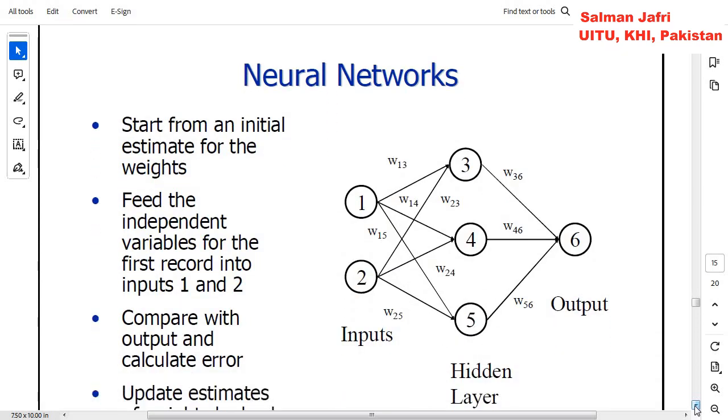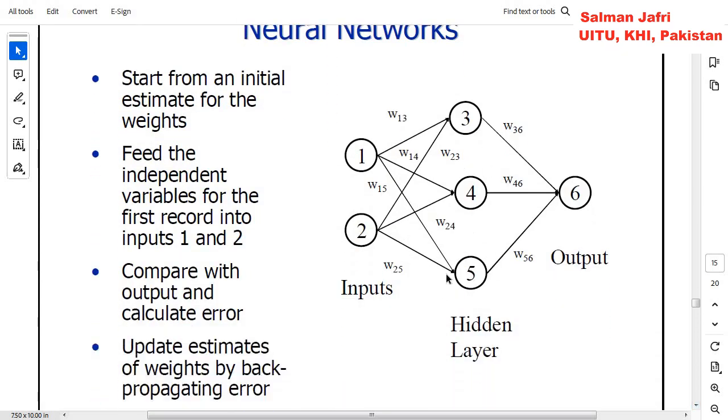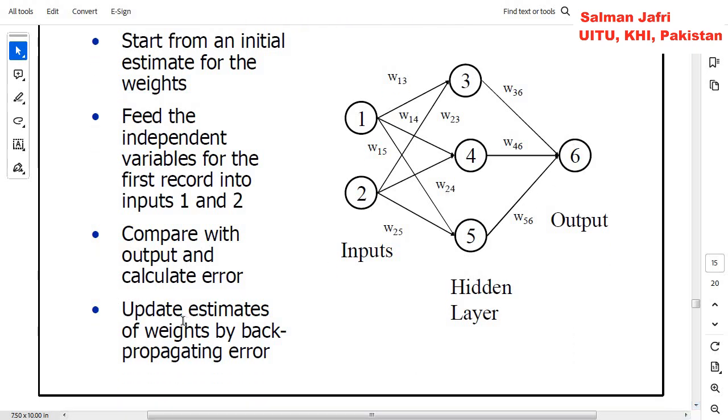So we start from an initial estimate for the weights. We assume the weights of the neural network and then we feed the independent variables for the first record into inputs 1 and 2. Compare with output and calculate the error. And based on the error, we update the estimates of weight by back propagation.